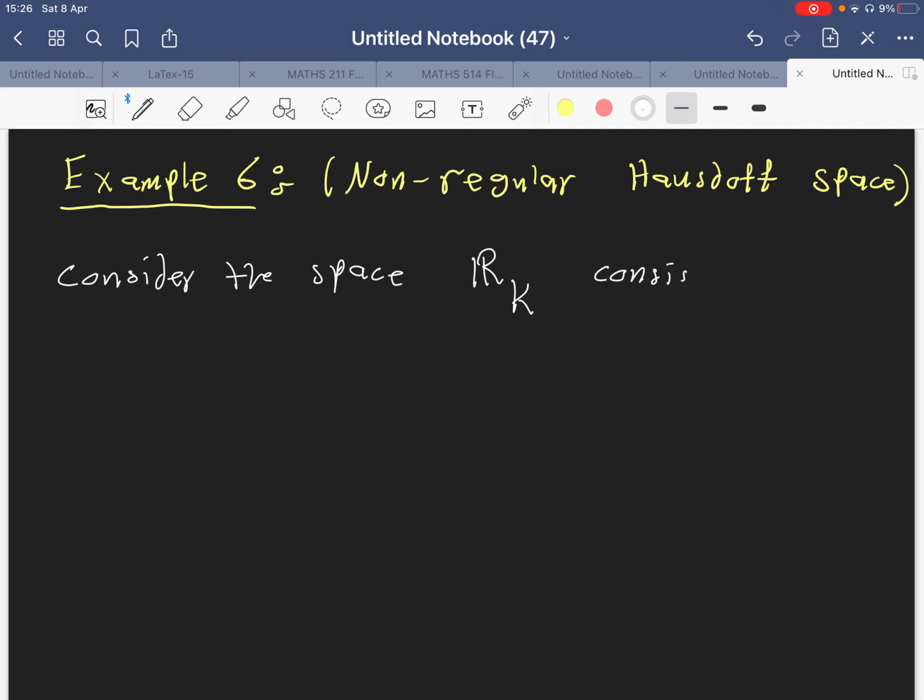Of course, when I say consider the topological space, I have to give you my set and my topology. It consists of, number 1, my set is the real numbers, and my topology, or my open sets, will be one of the following.